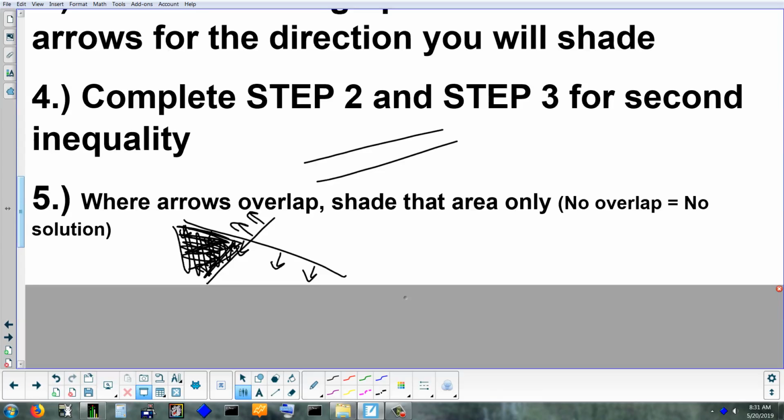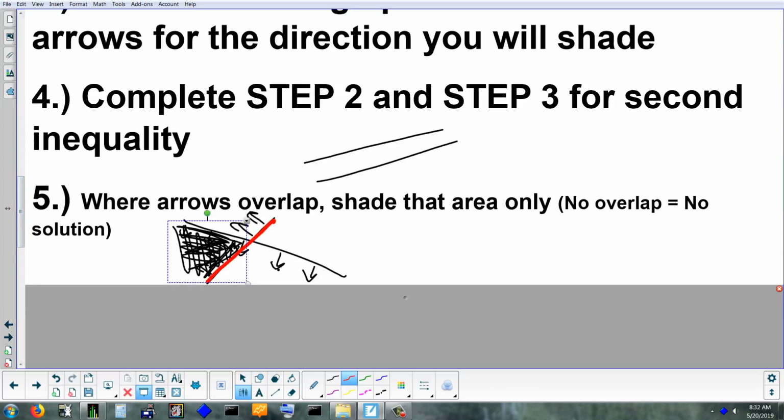So when you have an X shape, you usually end up only shading in one of the X's. Because remember, I had to be above, let's just make this in red. I had to shade above the red, and I had to shade below the black. That's the only section that's above the red and below the black at the same time.